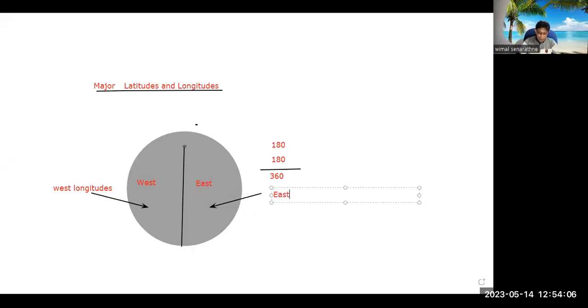You must remember that. Okay, then I'll draw some longitudes here. These are longitudes.